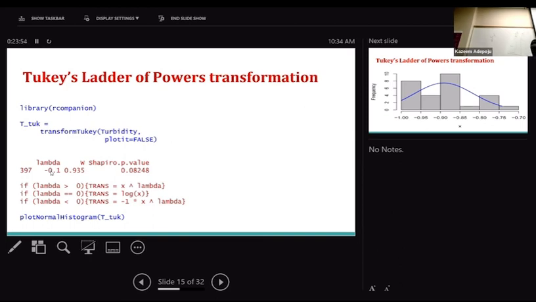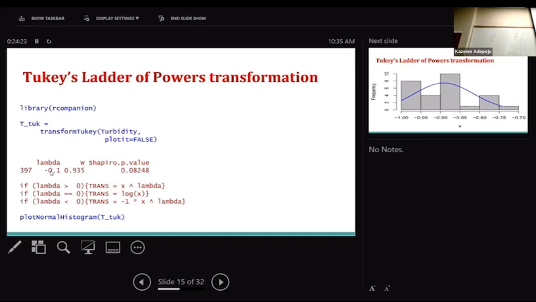Initially we were trying y raised to the power half, that's a square root, and y raised to the power 0.33, that's a cube root. But what Tukey does is give us an optimal value of lambda that will make the distribution of the response variable normal. Okay, now take a look at that. That actually gives us that.